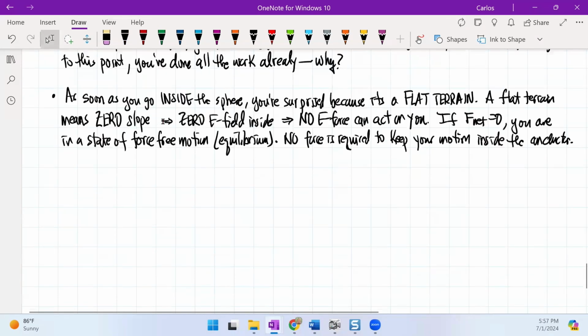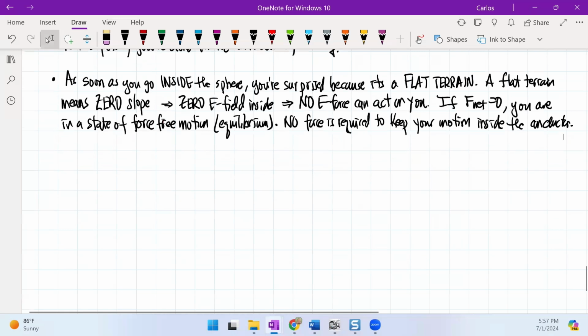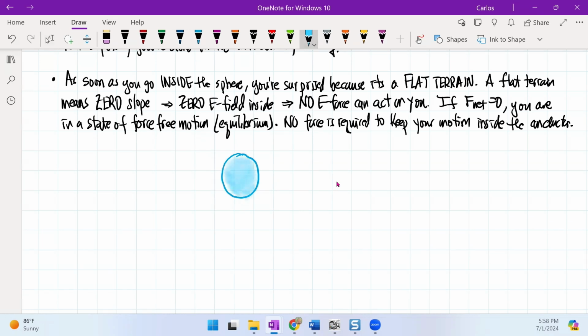So this is kind of a crazy thing. The reason it's crazy is because if we have a sphere here, and this is a conducting sphere, inside there's no net charge. There's nothing to push back on you. In other words, it's neutral.